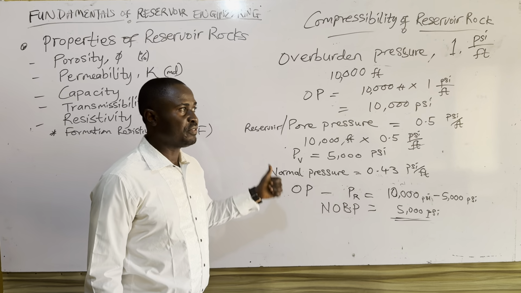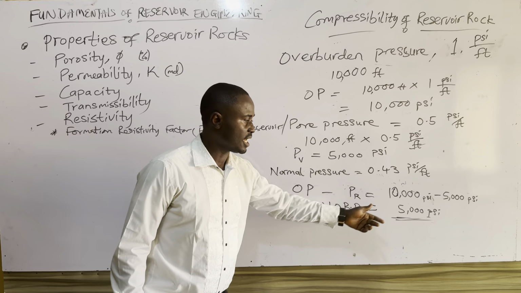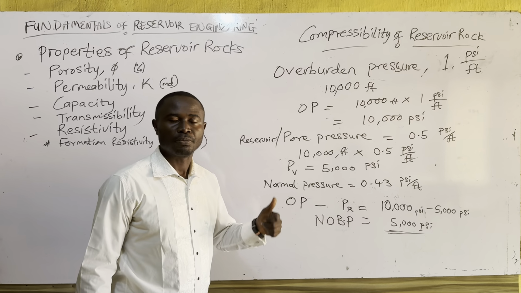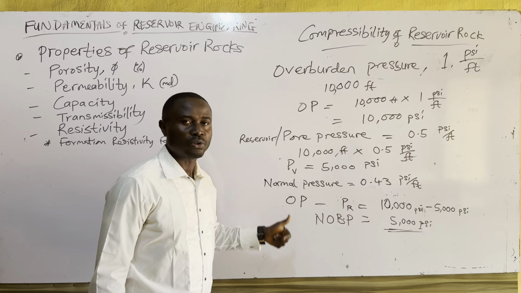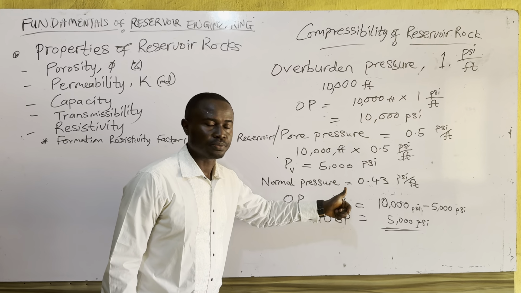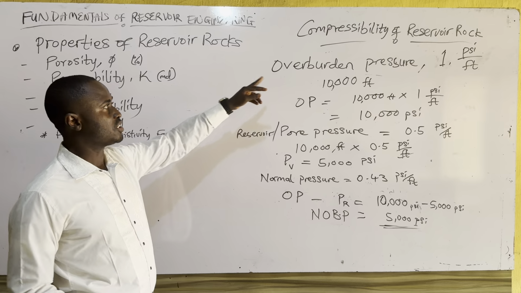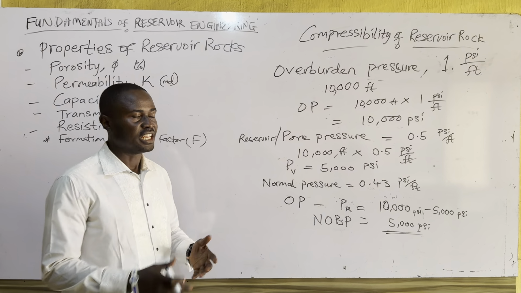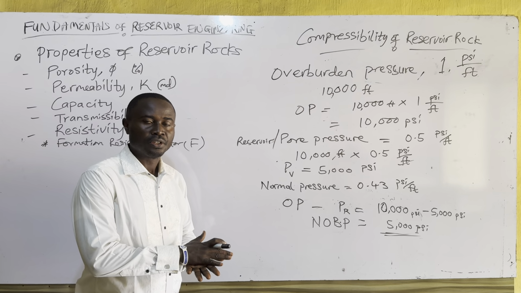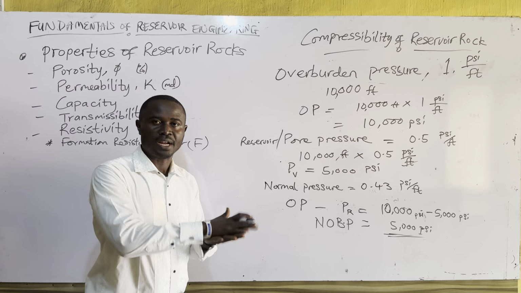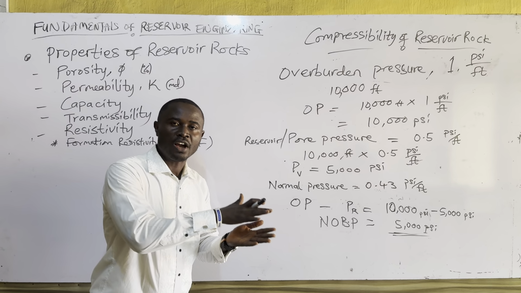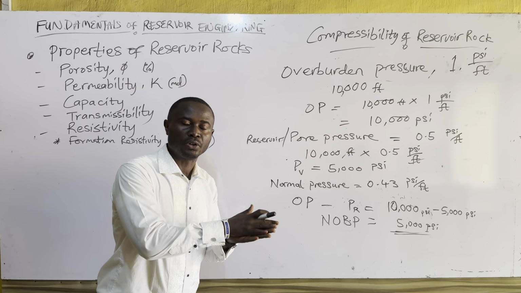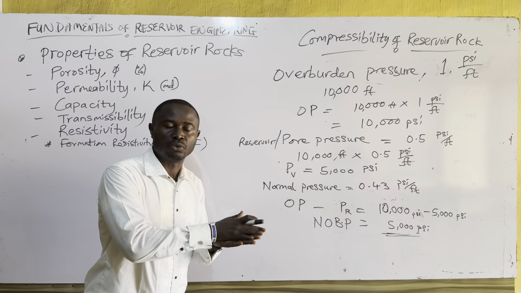And if that happens, of course, you know that we will have pressure depletion taking place. And that occurs during production. So, giving us compressibility of the particular rock formation. The rock is being compressed. Okay? And the void spaces where our fluid is supposed to be contained are subjected to compression.